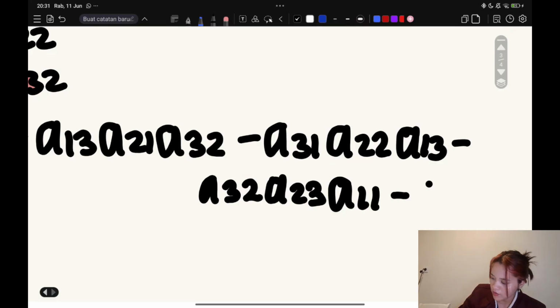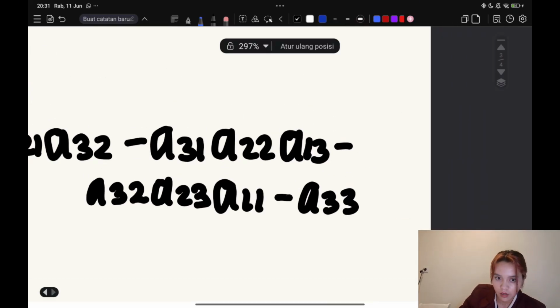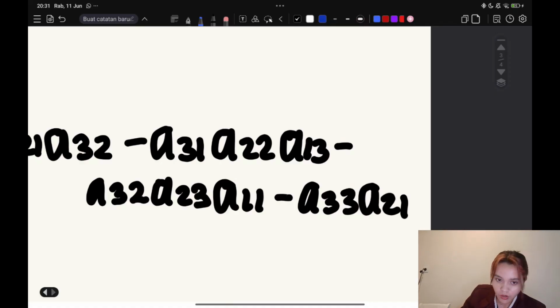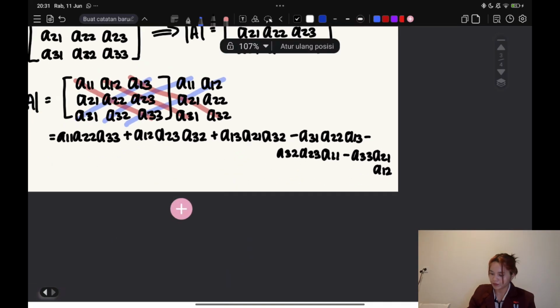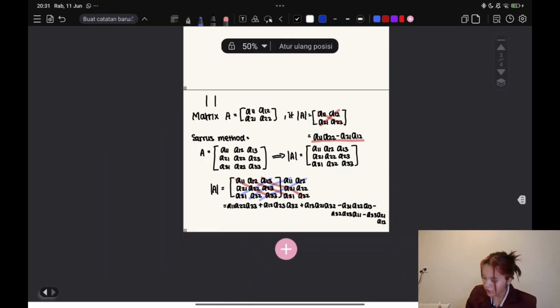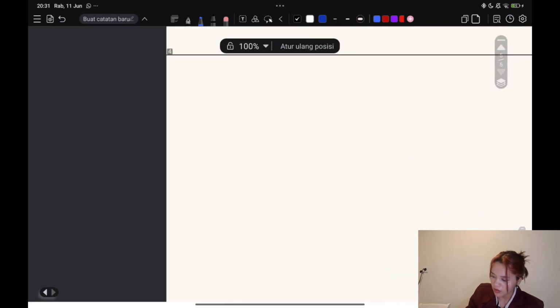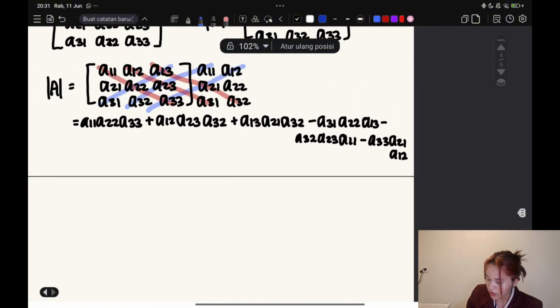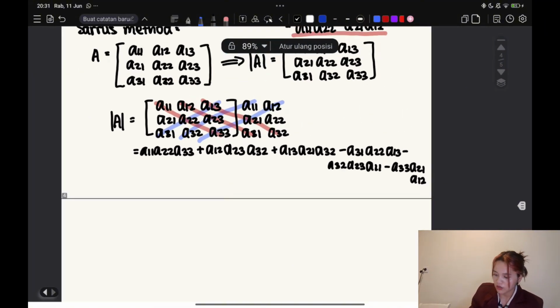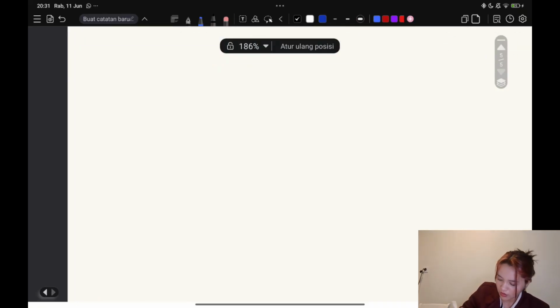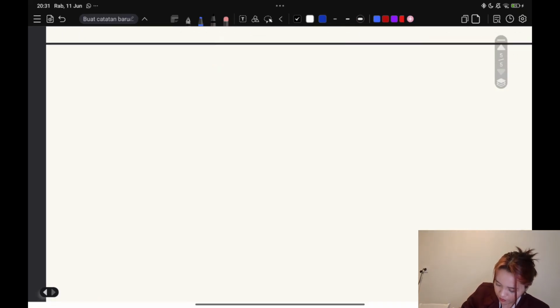And then minus for the other, for the lefts. Okay, and then for the example, this is the formula of the equations. For the example, like this.